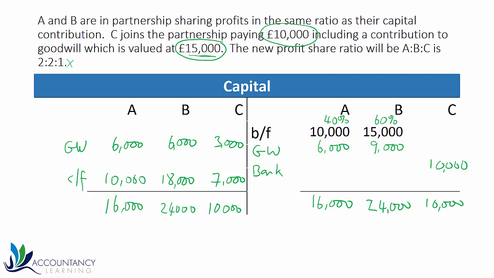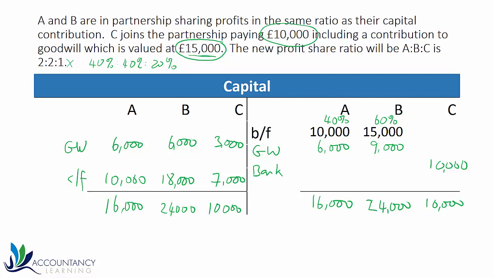Because if we're looking at the ratio of 2 to 2 to 1, that's going to be 40% to 40% to 20%. So partner B is going to be getting less profit in the future because of the new partner coming in. And because of that, partner C is effectively contributing some of the goodwill to partner B when partner C arrives.